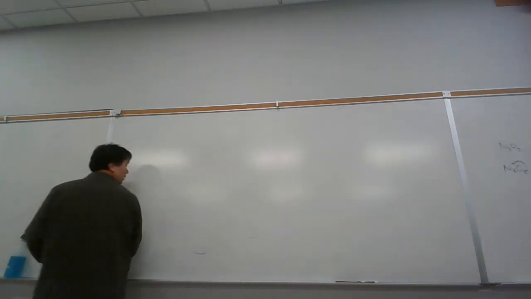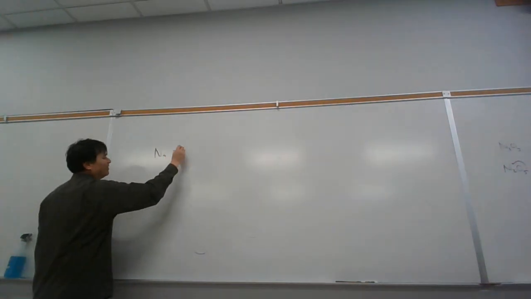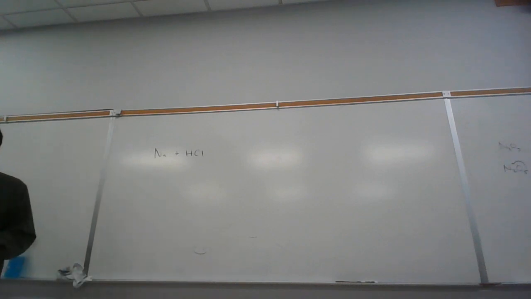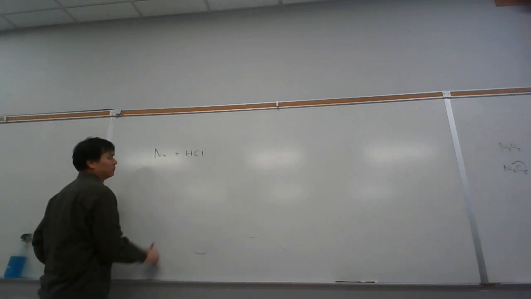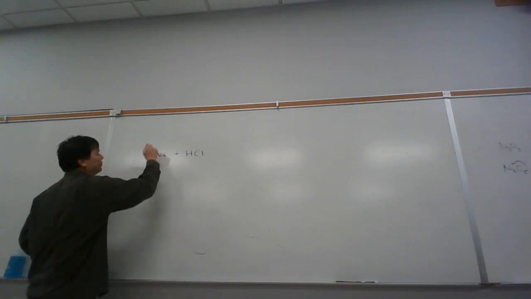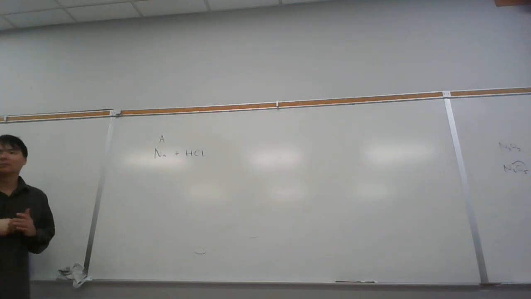So if we take a look at the metals, the first metal is sodium. So we have sodium reacting with HCl. Do you recognize this pattern? It's single replacement. And it sure would be nice just to be able to do single replacement with this. But we need to check the roles. For example, A should be the, what?